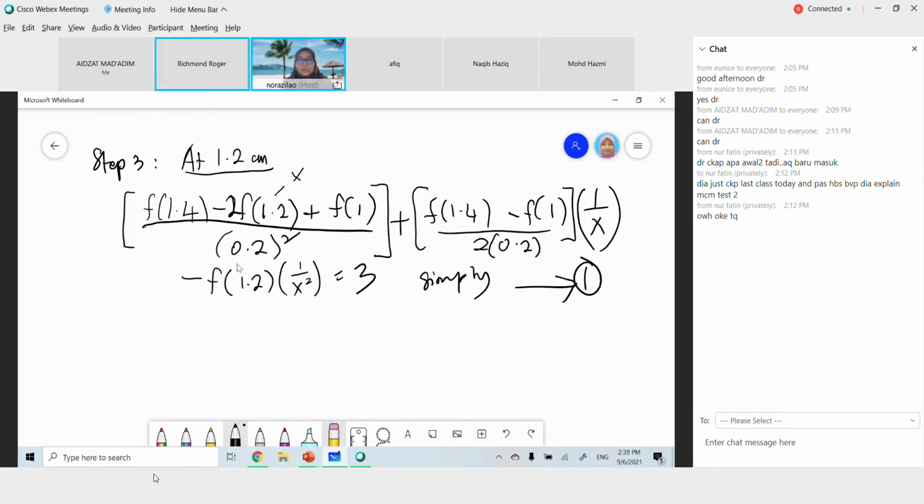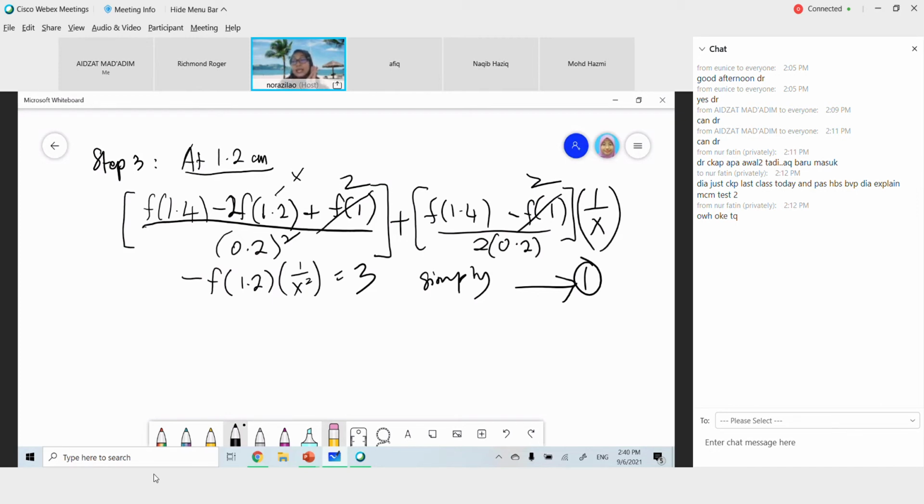Function of 1. Yes, function of 1. It means that you tukar kat sini, simplify. So yang mana ada nilai, you masuk nilai. Ni 2, ni pun 2. Okay, boleh faham?